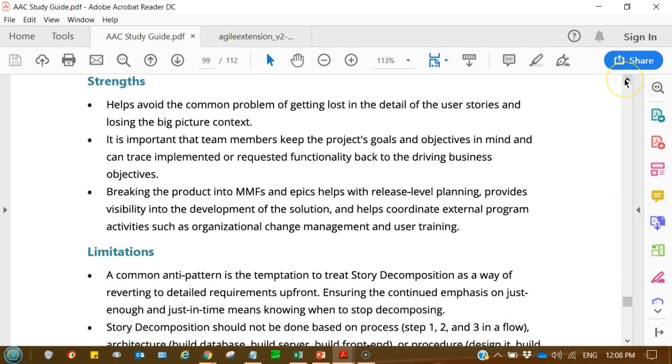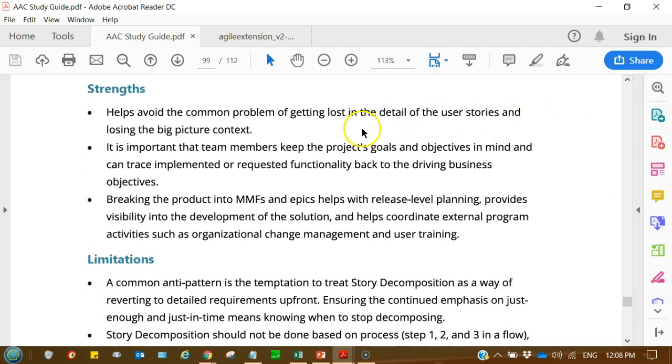The idea of story decomposition is so that you don't go down too far in the level of detail until you need to get there. If you understand that you're going to be continually evolving and going for greater levels of detail, and your organization and your team accept that, then you won't go down rabbit holes.